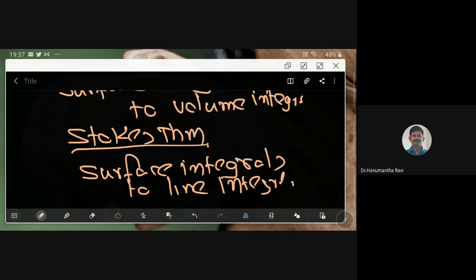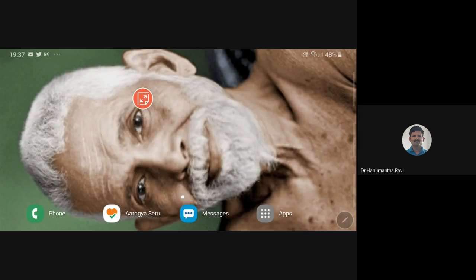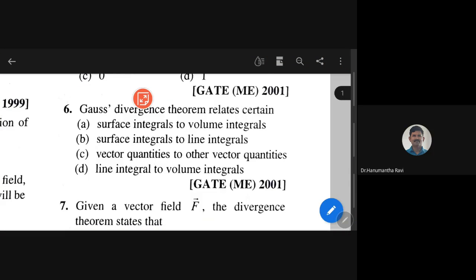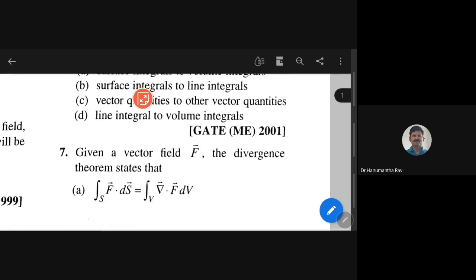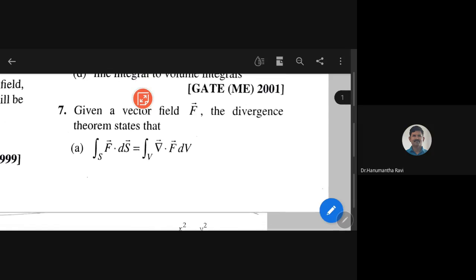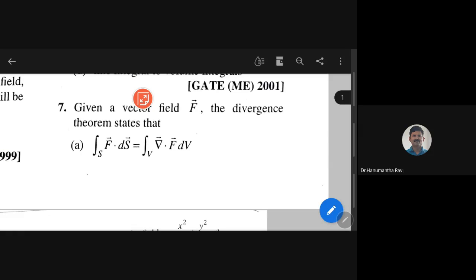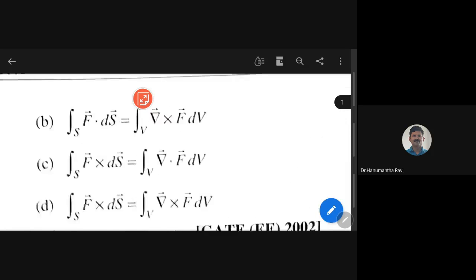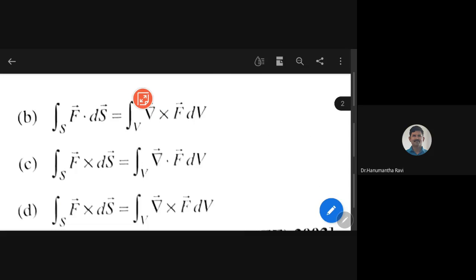Okay, so now we look at that question. For 6, A is the answer. 7: given a vector field F bar, the divergence theorem states that the surface integral of F bar dot ds bar is the integral of divergence of F bar dv, that is one thing. Then F bar ds bar is equal to del cross F bar, that is wrong.